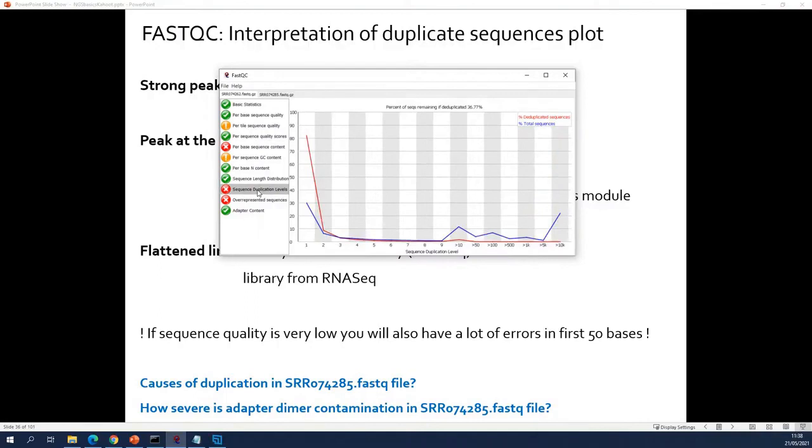Because what is he doing to find duplicates? He's looking for reads with exactly the same sequence over the first 50 bases of the read. So if you have really low quality data, you will have a lot of sequencing errors. And of course, he will not find a lot of duplicates because of the sequencing errors. So they impact each other. You have to take that into account.